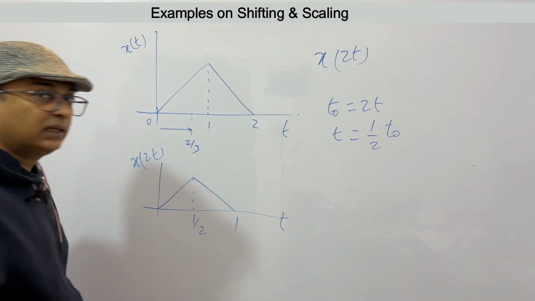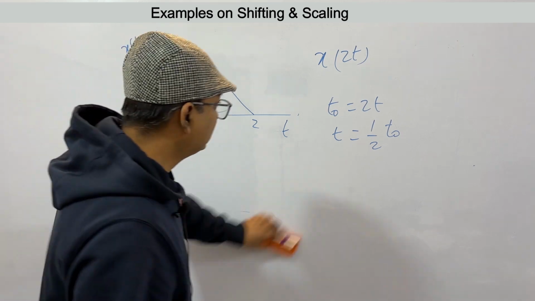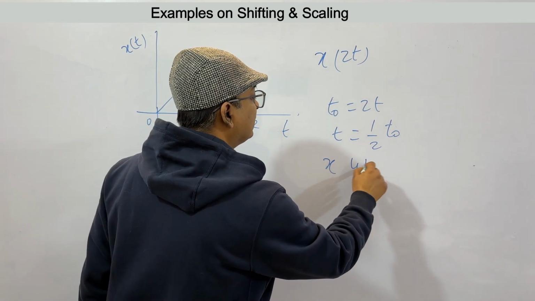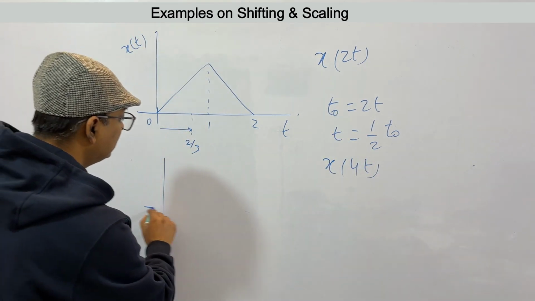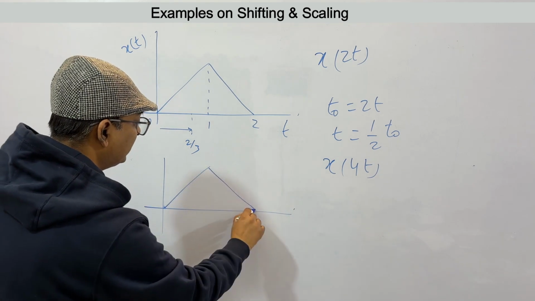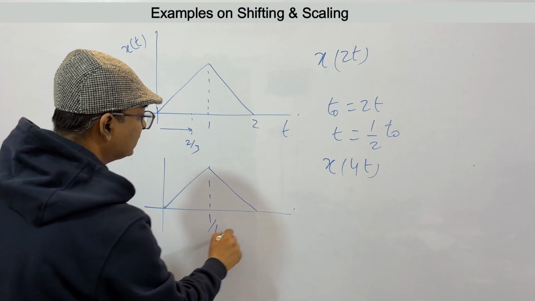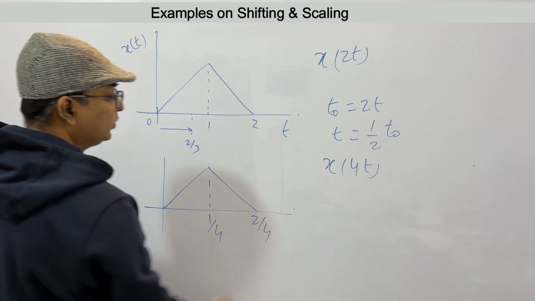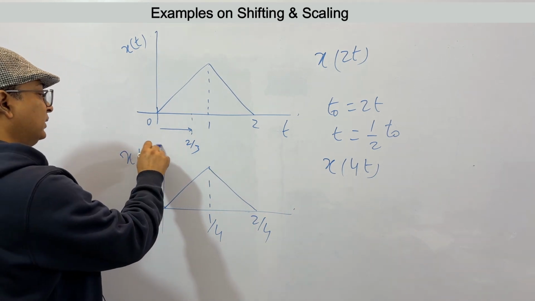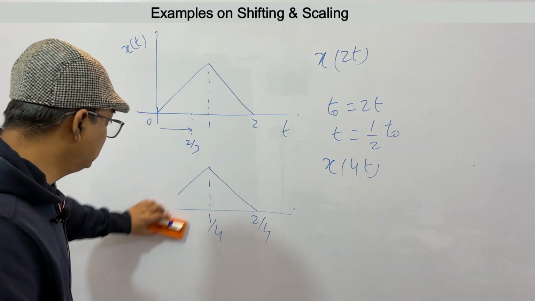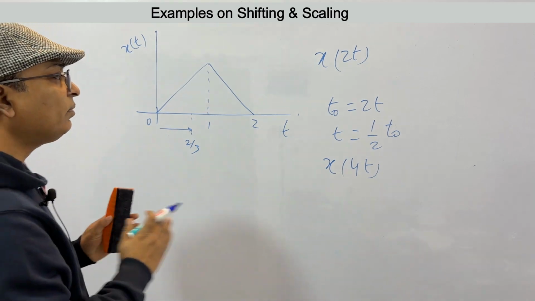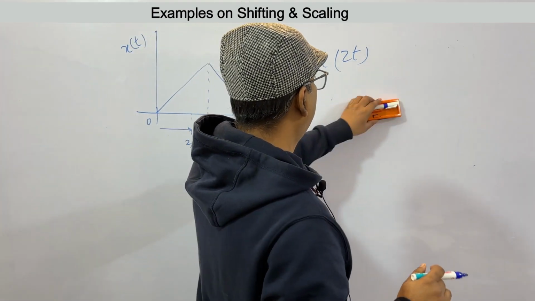Okay, clear? If you want to have x4t, so similarly the shape will be same. This will be 1 by 4 and this will be 2 by 4, that is 1 by 2. This is x4t. Clear? Let's see some examples on expansion, that is alpha less than 1.